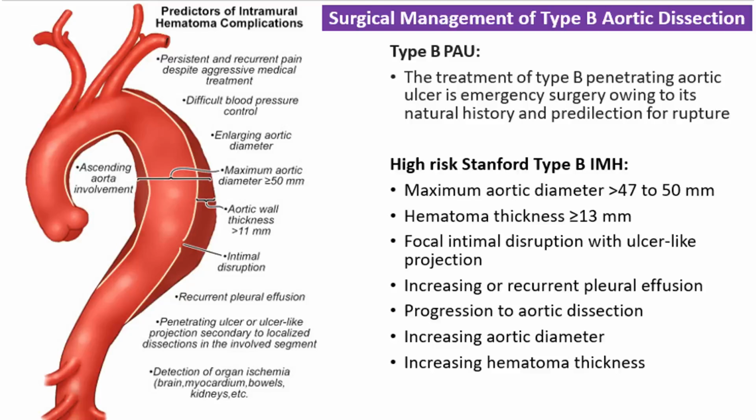An exception may be penetrating aortic ulcer associated with intramural hematoma, for which earlier intervention may be needed to prevent complications. The mortality associated with such complications can exceed 60%.